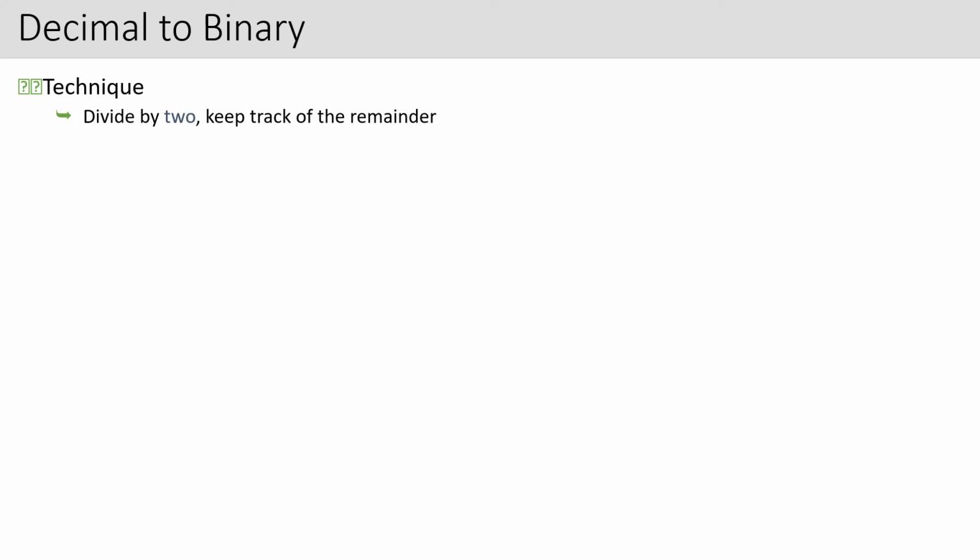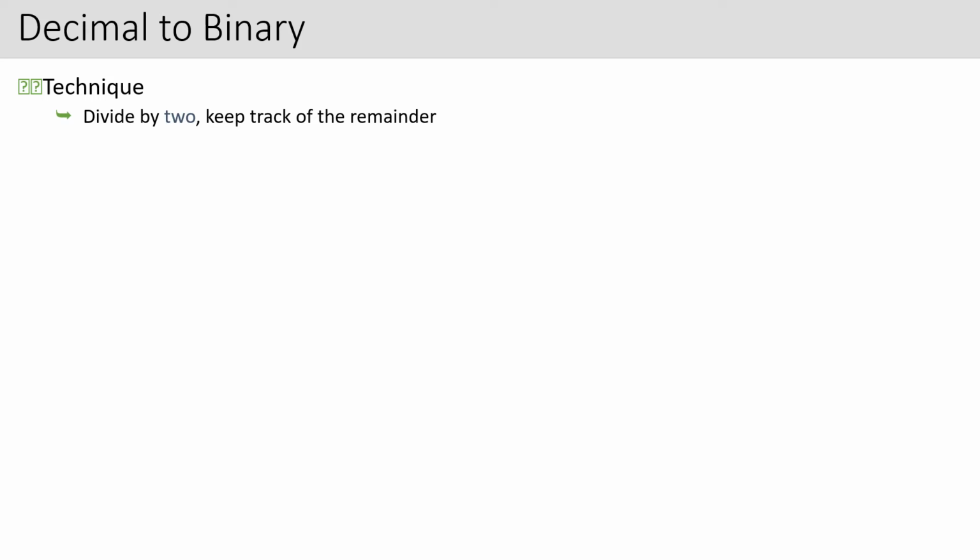So first, what you will have to do is divide by 2. Whatever decimal number is given to you, you want to convert it to a binary number. So you go on dividing the decimal number by 2 and keep track of the remainder.